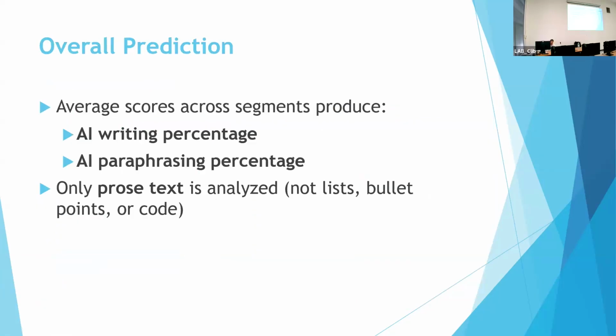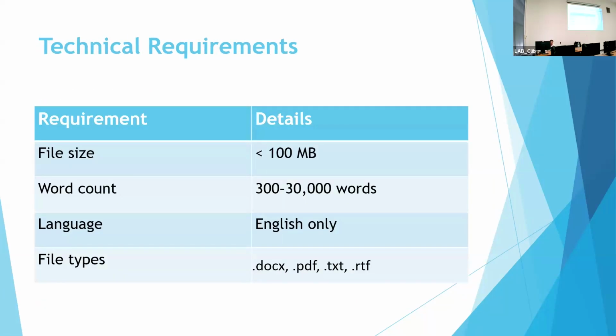And then the system requirements, the technical requirements. For file size, you can upload up to 100 megabytes. But for word count, you cannot upload the whole thesis. Because imagine the whole thesis, 6 chapters, is more than 30,000, almost 100,000 words. So you cannot upload the whole thesis.